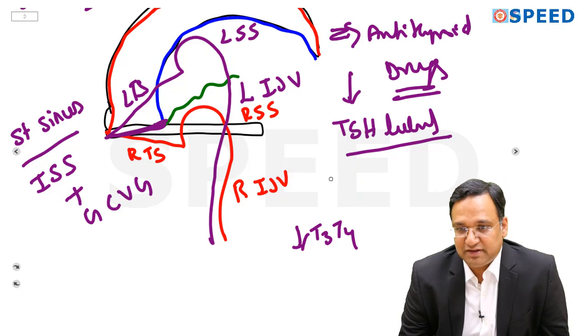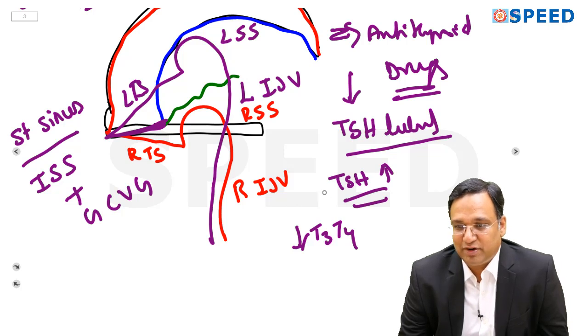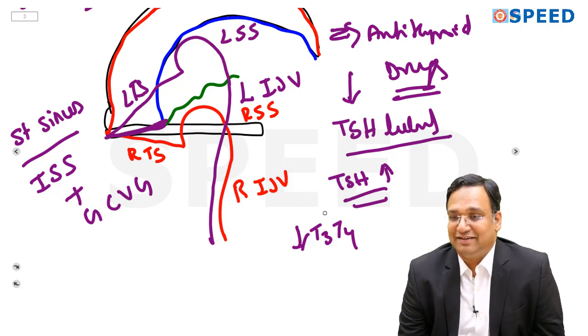And when the TSH level goes up, it will increase the growth of the thyroid. When the thyroid grows more, the retrosternal compression and the symptoms will be more.